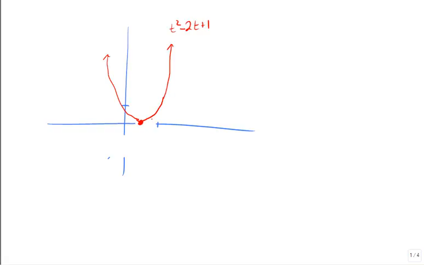Okay, it goes through the point (2, 1). This is 1, this is 2. And my tangent line right here, there's my tangent line. The equation is y equals 2x minus 3, its slope is 2, and it touches the point (2, 1). So that's what a picture of that looks like.